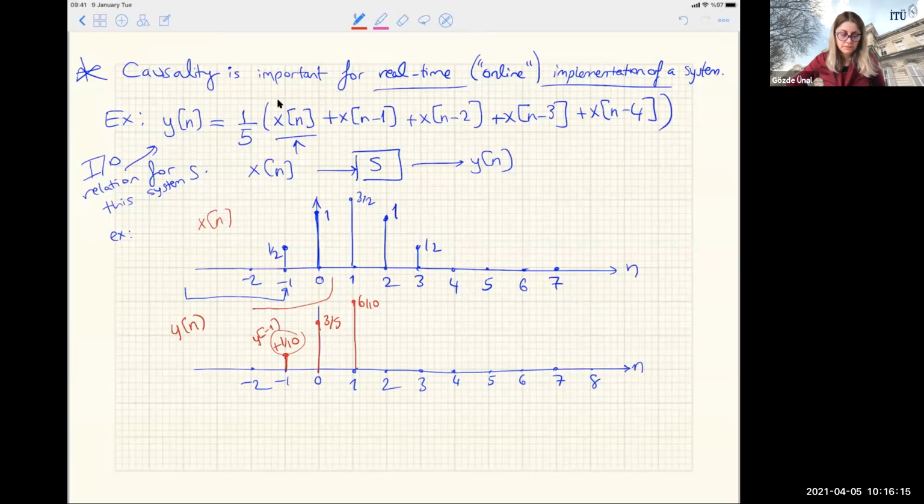This should be 3 over 5, yes, 6 over 10. Let's write 3 over 5 also for this one. This was 3 over 10. This is 3 over 5, actually. Okay? So then you can just shift it one more time.